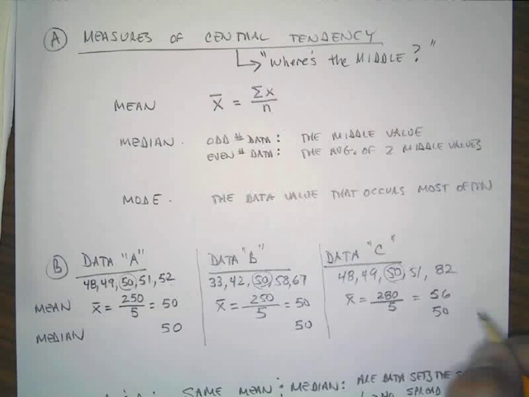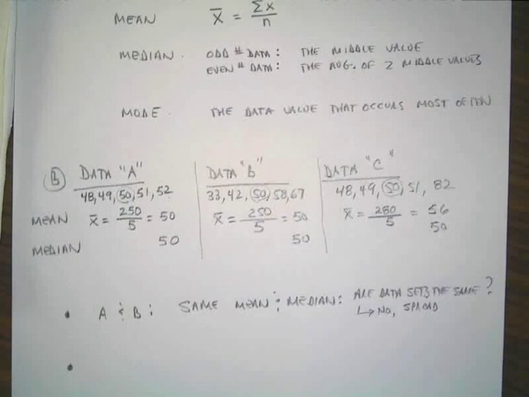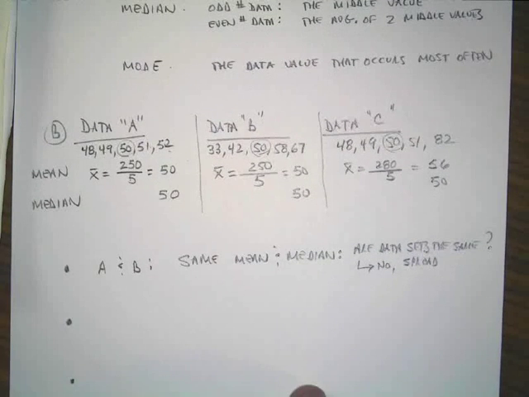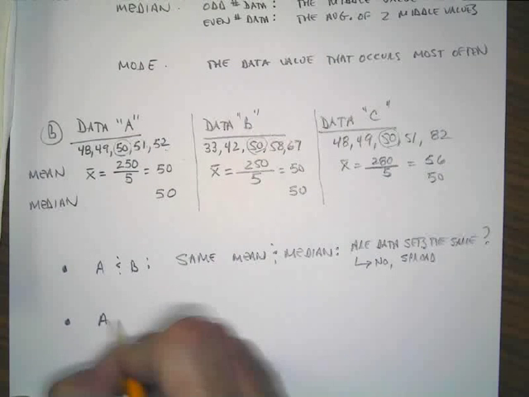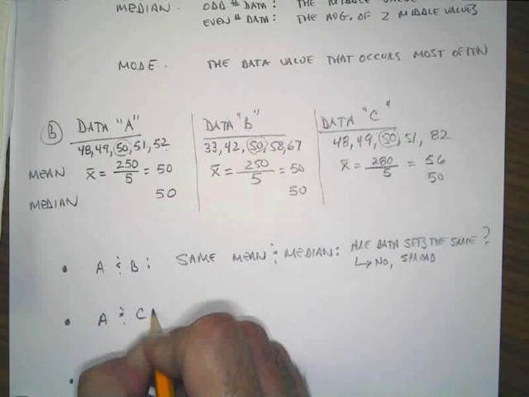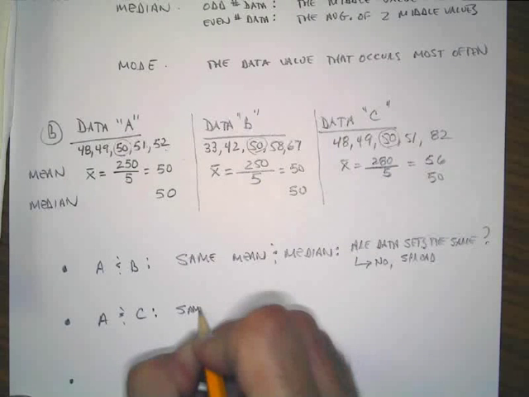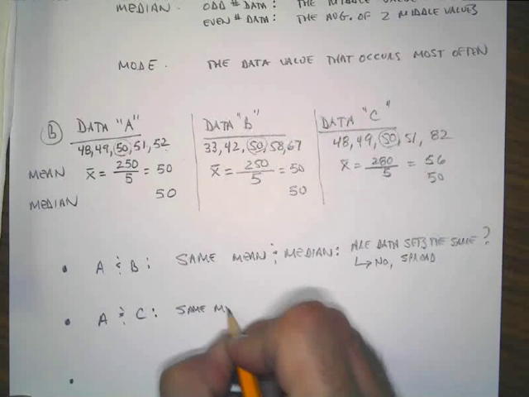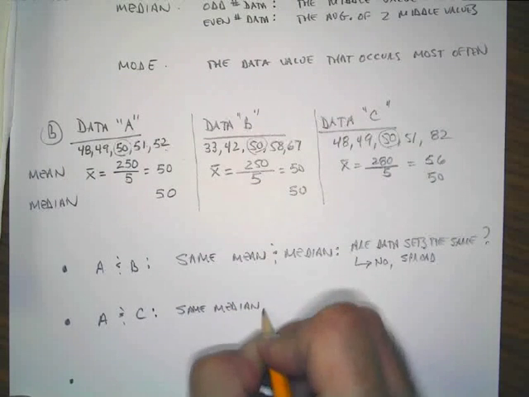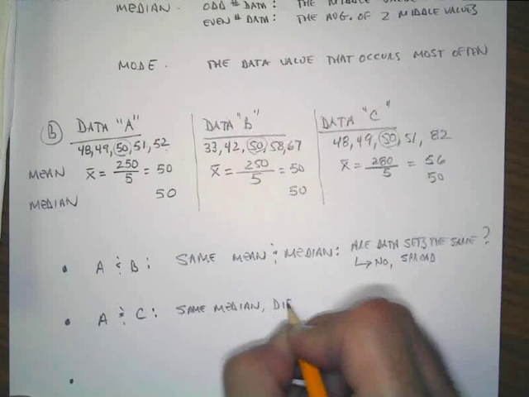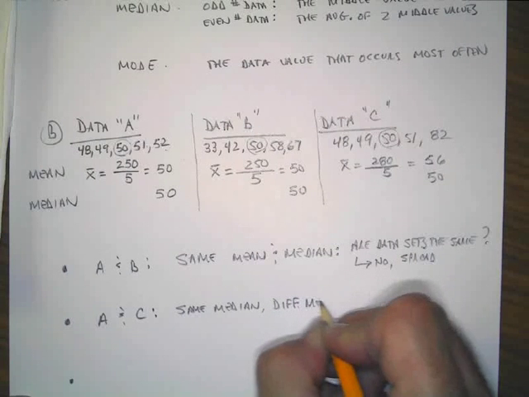It is 50. So let us look at data sets A and C. In my mind, I'm seeing that they have the same median but a different mean.